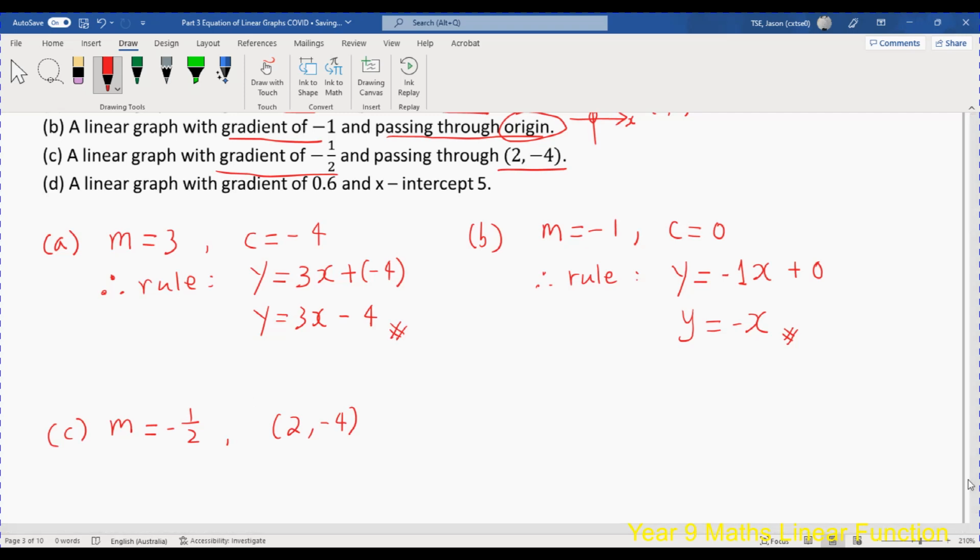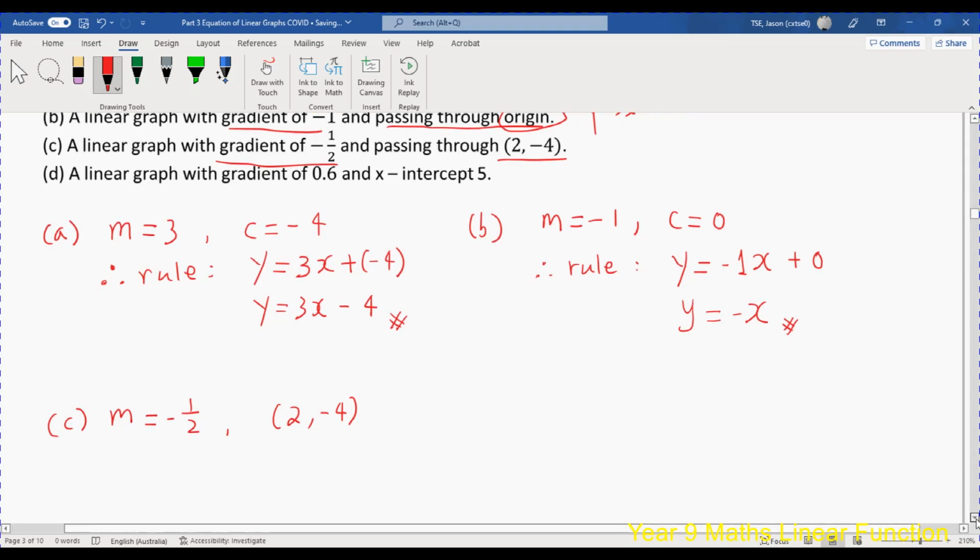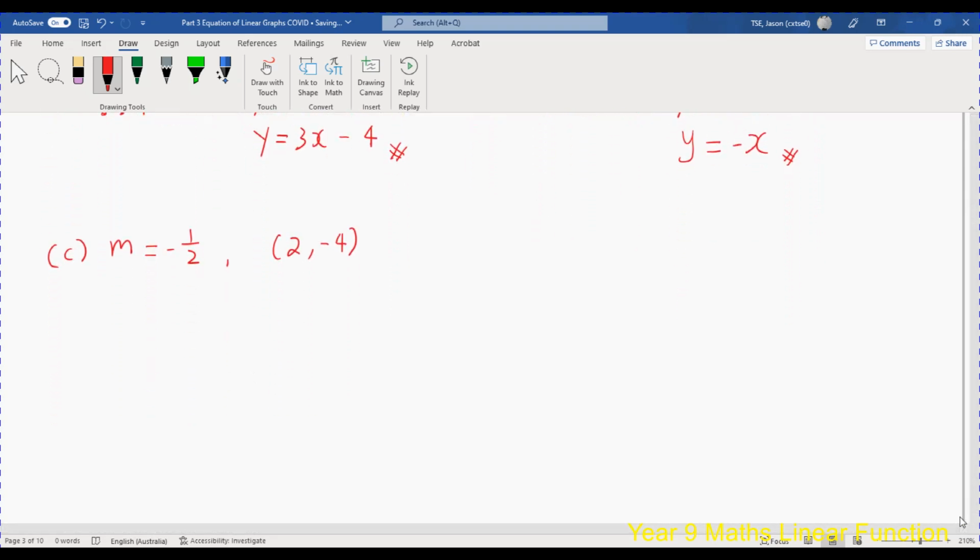So do we know the y-intercept? No, we haven't got any information about the y-intercept, so that's why we don't know the c value. And how can we do this? The following step is the most important step for today's lesson.